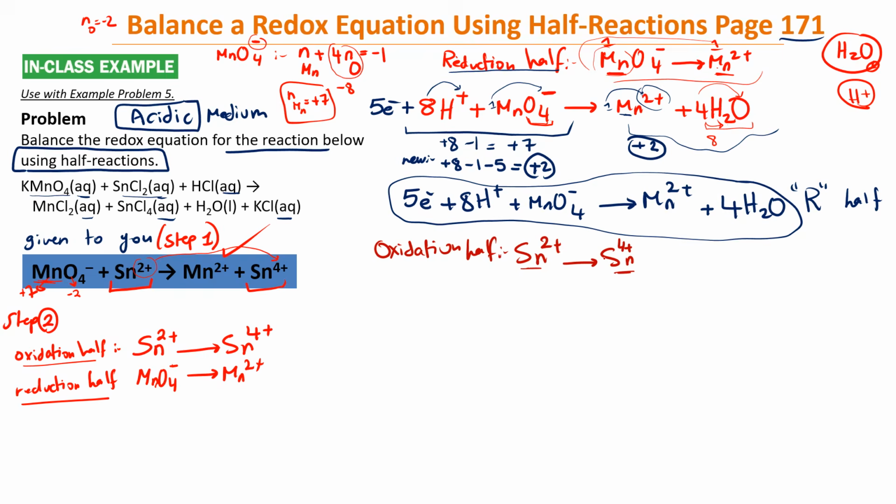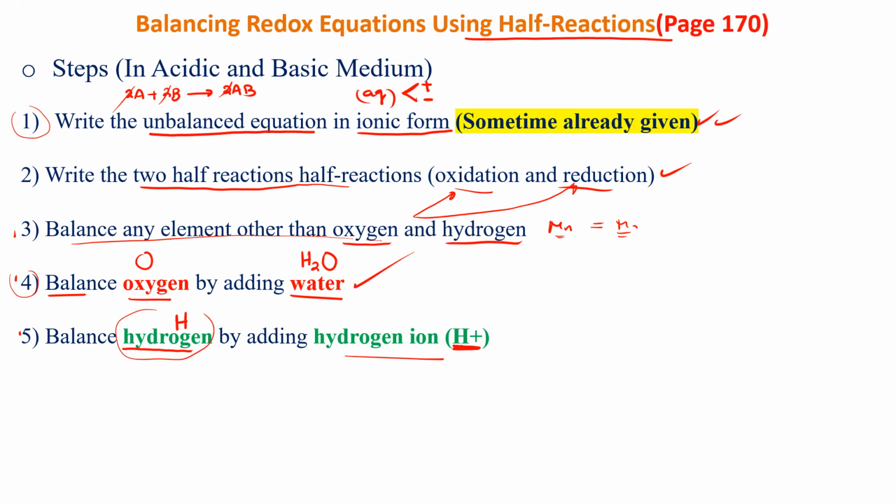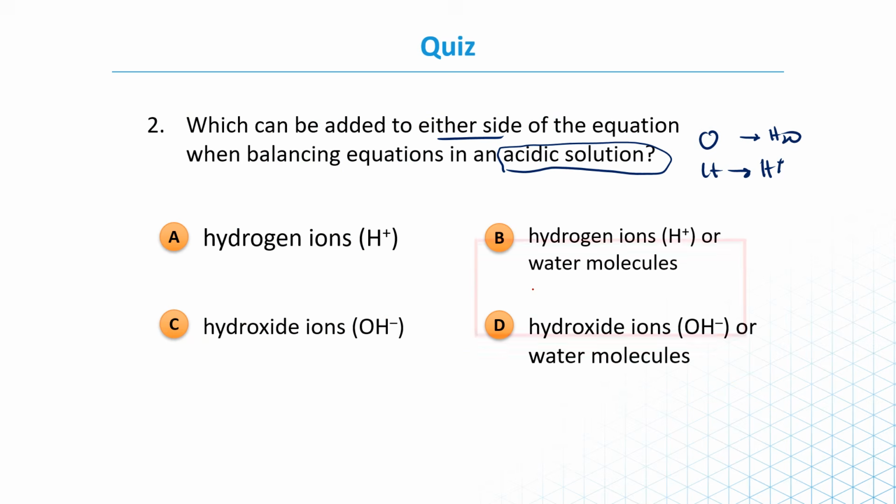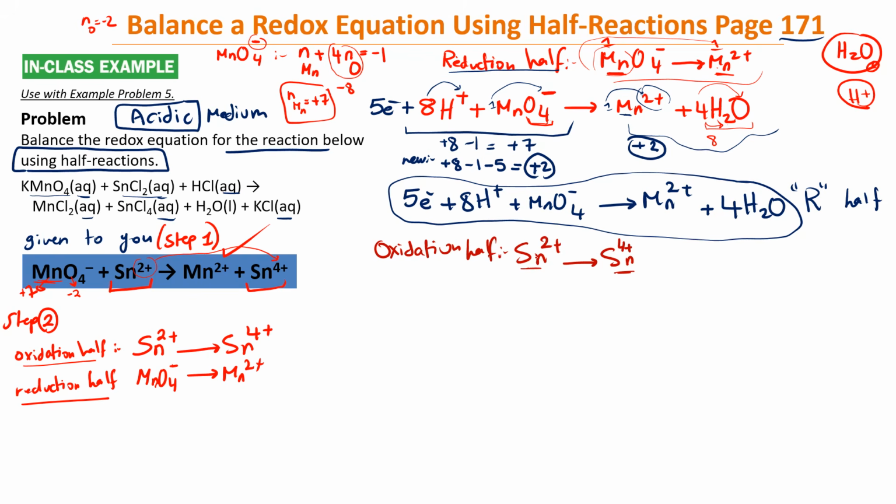This was step number 3. Now you balance any element other than oxygen. So I have Sn here and I have Sn here. So it's already balanced, 1 and 1. Balance oxygen and hydrogen. Now, luckily, we don't need steps 4 and 5. Why? Because we don't have oxygen and hydrogen. So we will skip. We will go directly to the charge.